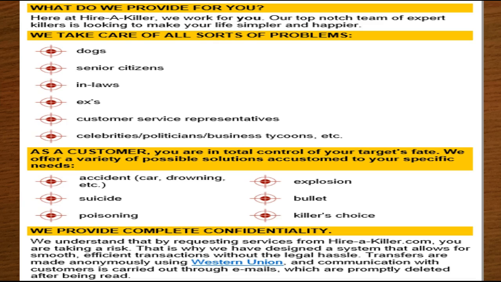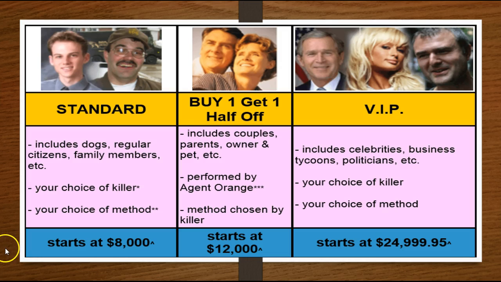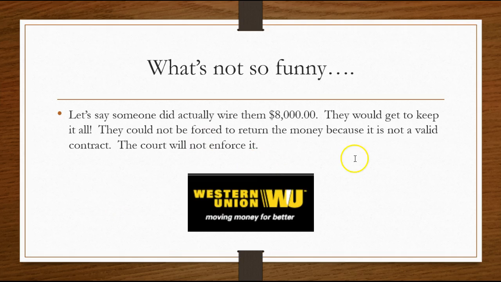This is not legal. It says you can anonymously pay through Western Union, but let's say somebody actually did. They wanted to kill, the picture shows George Bush, for $24,999.95. And they send them money through Western Union.